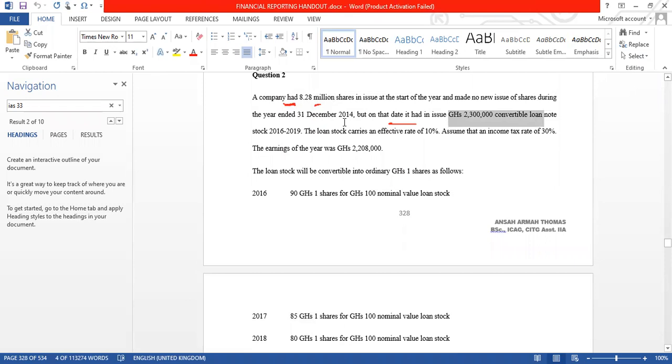They are giving you these loan stocks, and the loan stocks' effective rate is 10%, then you have your tax. The earnings has been given to you. So you will first need to work on your notional. Okay, let's just go through this.